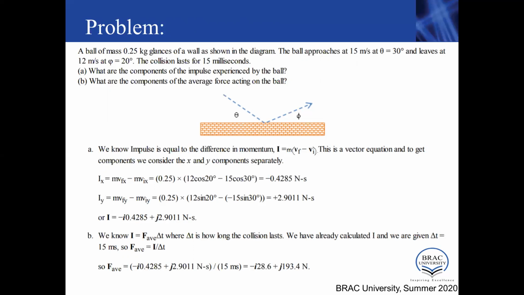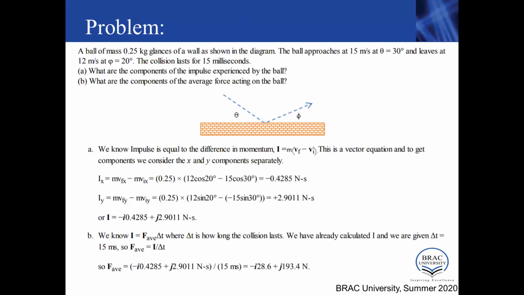If we try to find the impulse, we can use force multiplied by the time interval, but the average force is not given here. So we have to use the second equation: the change in momentum is equal to the impulse.